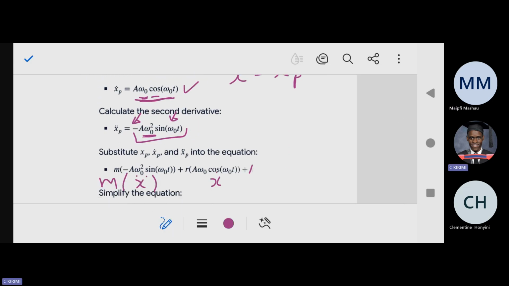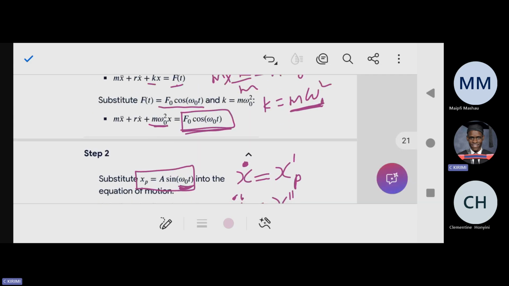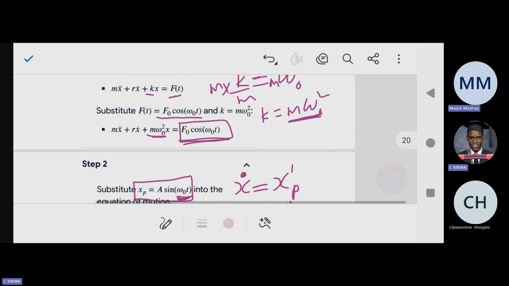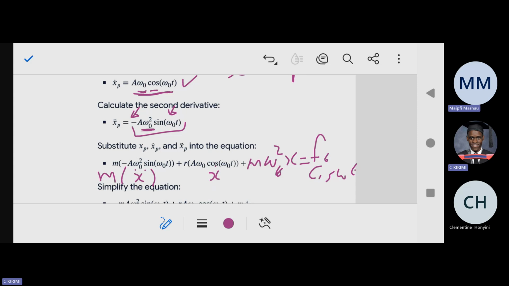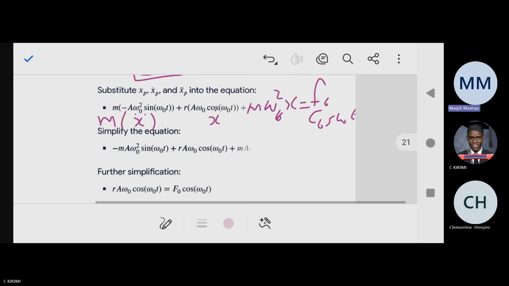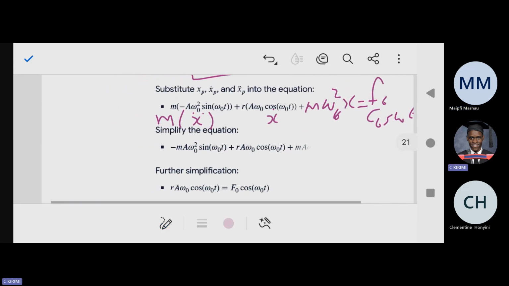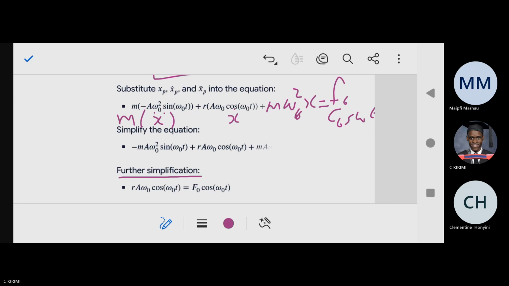So that's what we are going to write, plus m omega naught squared x is equal to the right hand side, which is F naught cos omega t. Then you simplify the equation. Left hand side equals the right hand side.